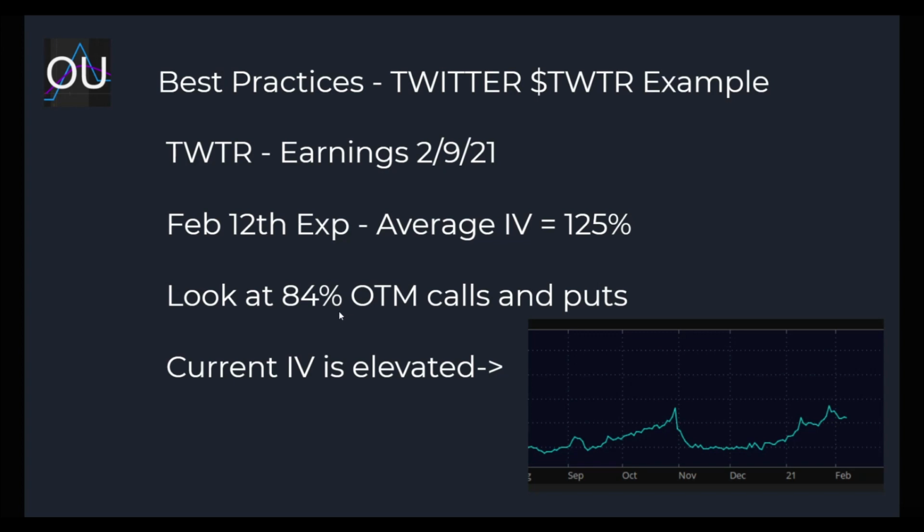We would typically look to sell a put at 84% out of the money, because the rest of the percent above it would be, you'd have an 84% chance that the stock will actually close.